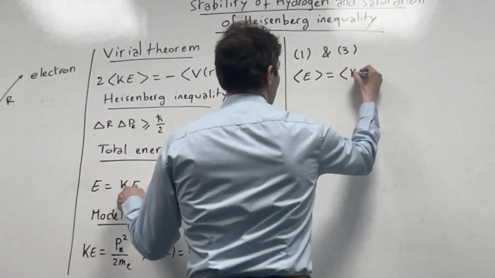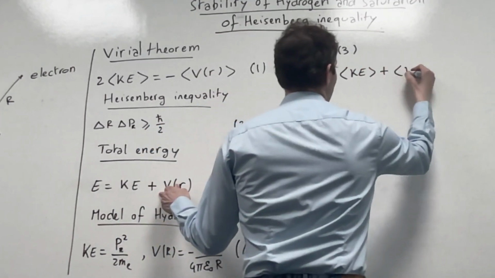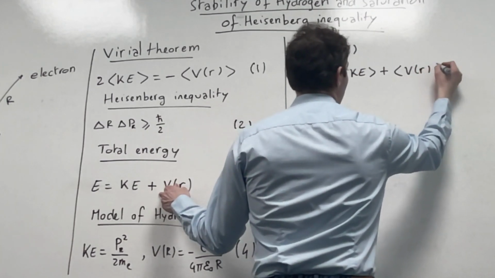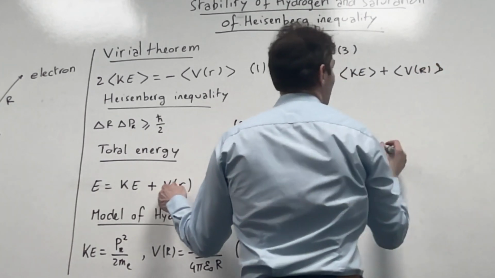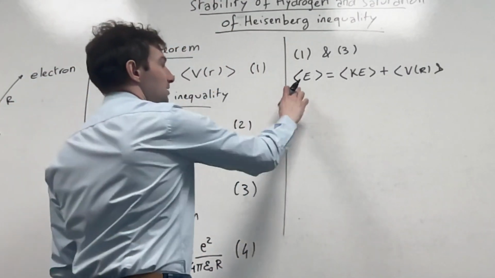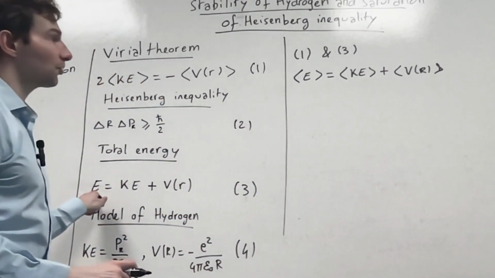the average of the kinetic energy plus the average of the potential energy. So here I put capital R because that's what I was using before. I'm just taking the expectation value of equation 3.